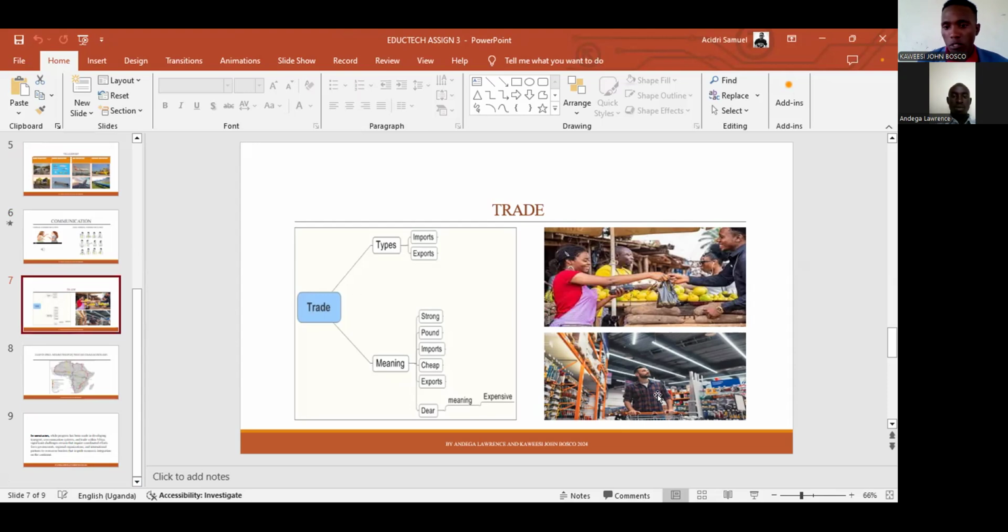Here I'm seeing a man who is, I think, shopping in a certain supermarket, trying to monitor which items he is going to take.